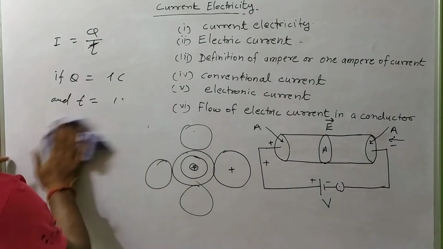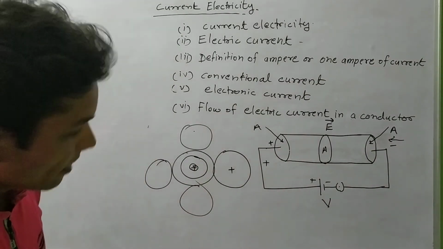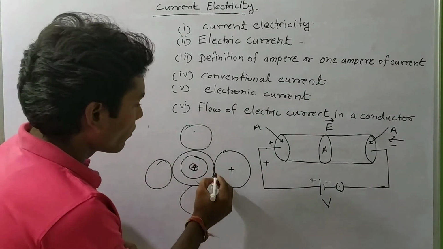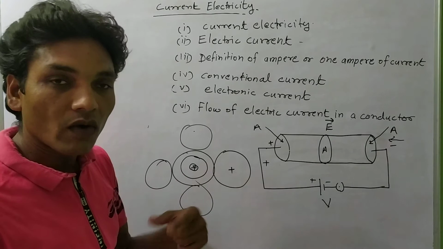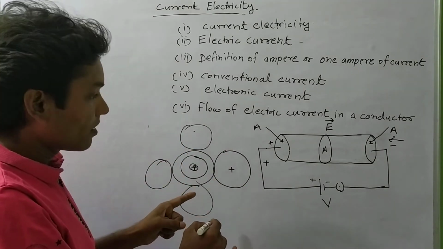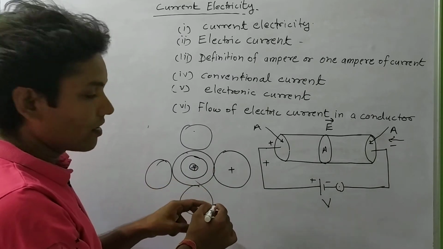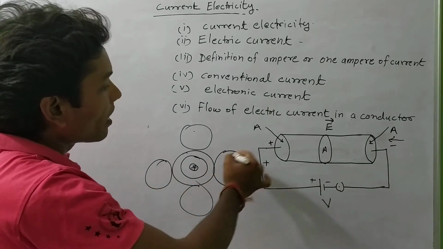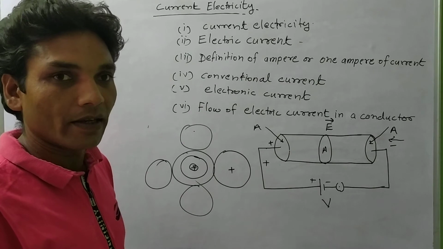Now, electrons revolving on the outer orbit are under the influence of other atoms in the conductor.